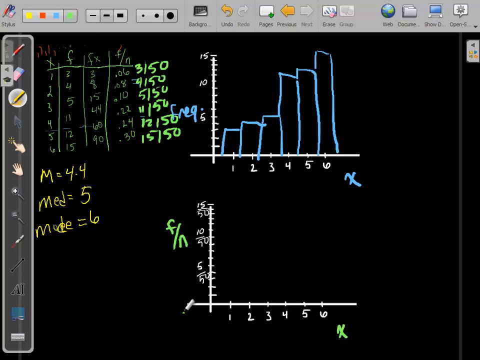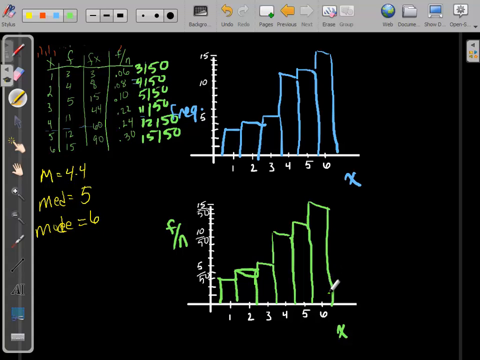Okay, so we have 1, which is 3 out of 50, 4 out of 50 for 2, 5 out of 50 for 3, and notice we're just graphing the same thing. It doesn't quite look the same, but it is. 4 skyrocketed up to 11 out of 50. Okay, 5 was 12 out of 50. And then 6 was all the way up here, 15 out of 50.